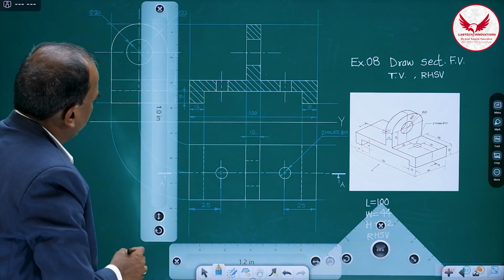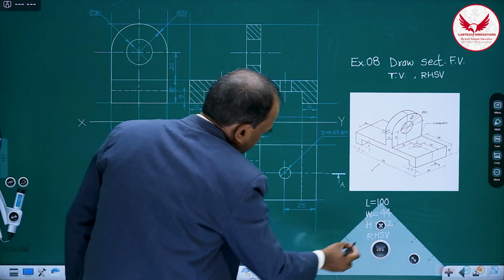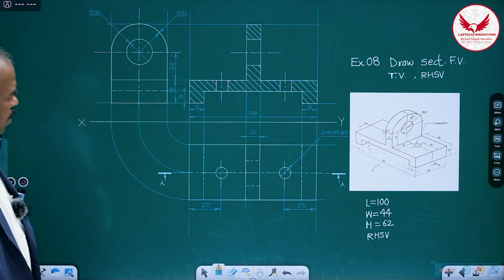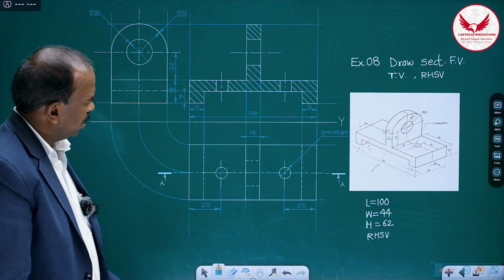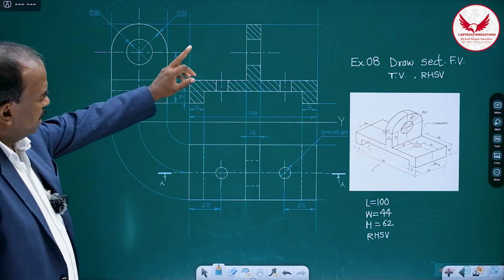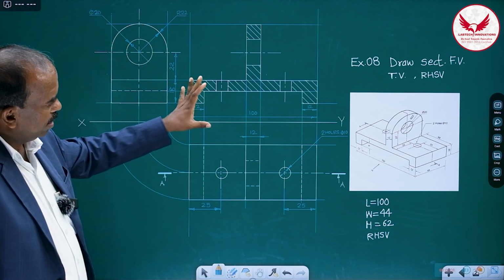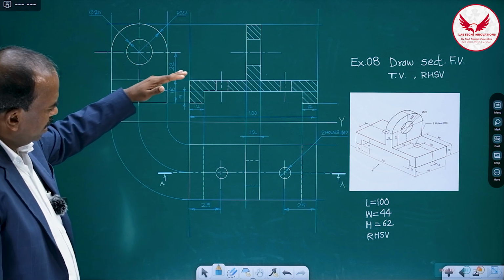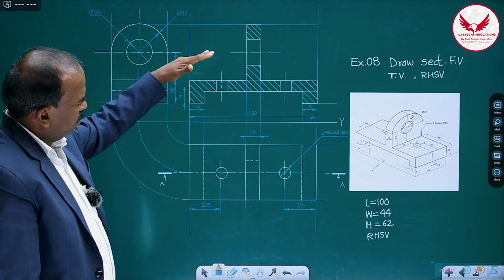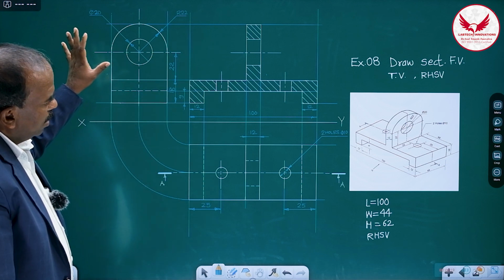It is 25. So these are the 3 views of this object: sectional front view, top view, and left hand side view. When section lines are shown, it is the sectional front view only. I don't think there is a need of writing it.